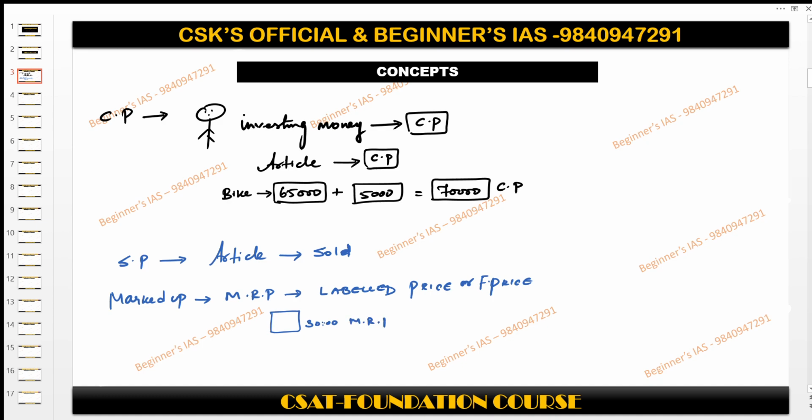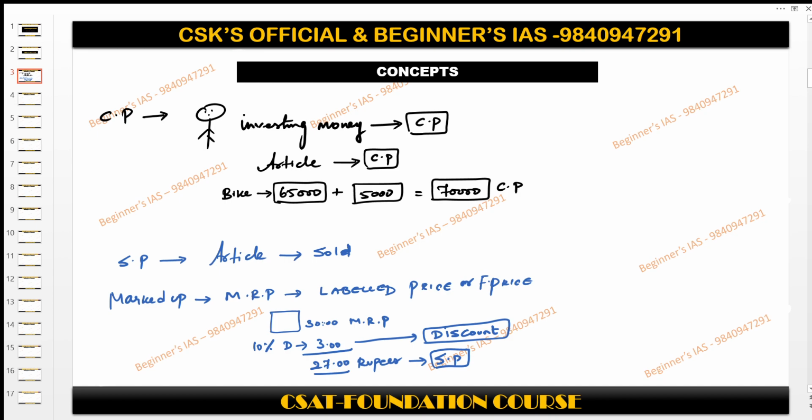This is the labeled price. Now you are asking for a 5% discount or 10% discount. So 3 rupees is 10%, so then 27 rupees. This 27 rupees is nothing but the selling price for that person. This 3 rupees is the discount, a buyer discount provided by the seller. So this is the MRP. Hope everyone is getting it.